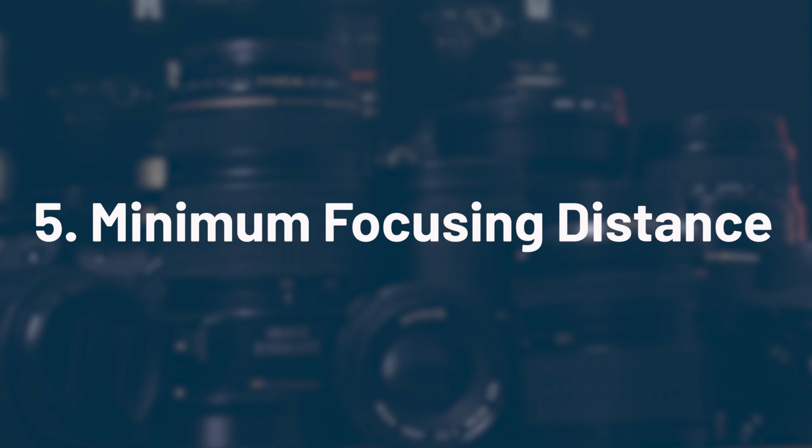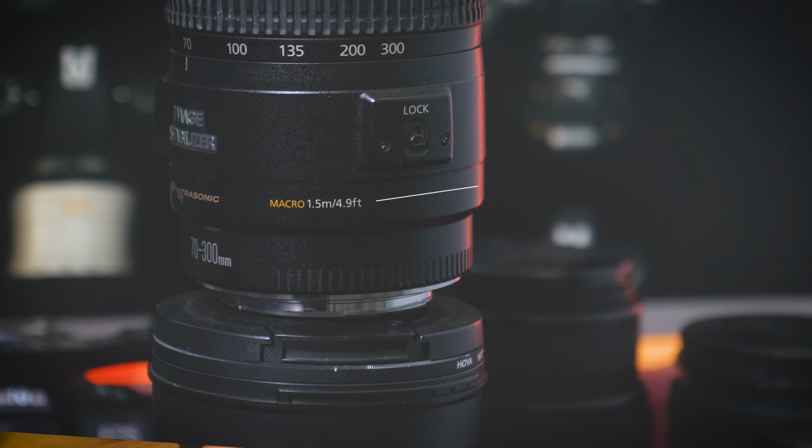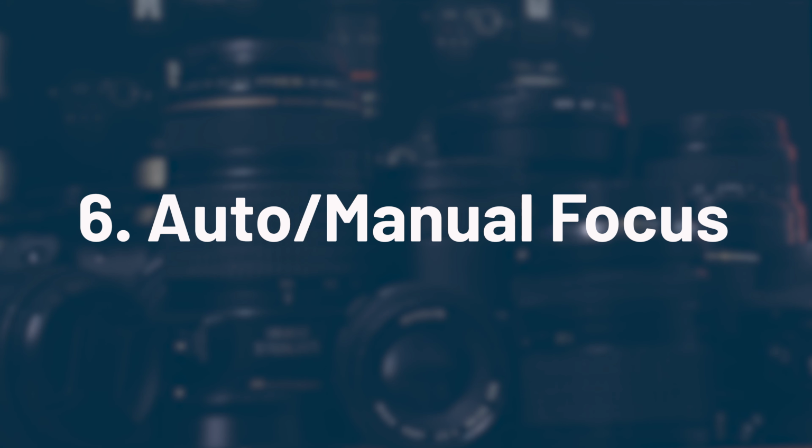One of the things that you'll see is a figure on the side with a distance. For this lens, it says 1.5/4.9 feet. It's the same distance, and that is called the minimum focusing distance. And all it means is if you get any closer than 1.5 meters to your subject with this lens, it will not be able to focus. Some other things you may find on your lens would be your autofocus and manual focus switch.